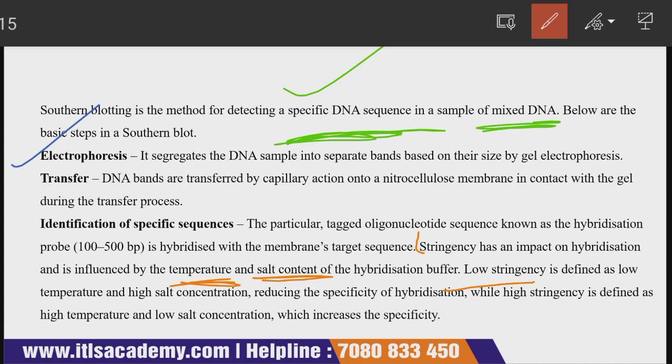So in this case, when the temperature is low and the salt concentration is high, the specificity of hybridization gets reduced. While high stringency is defined as high temperature but low salt concentration, vice versa, so it increases the specificity.